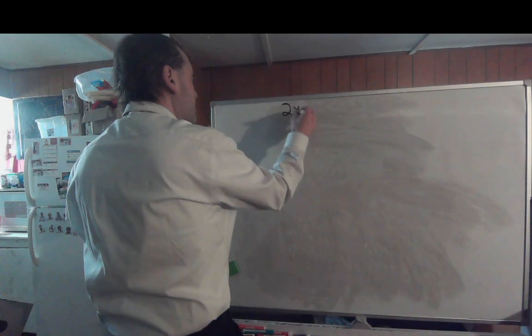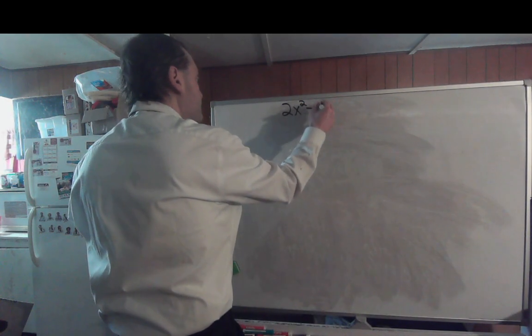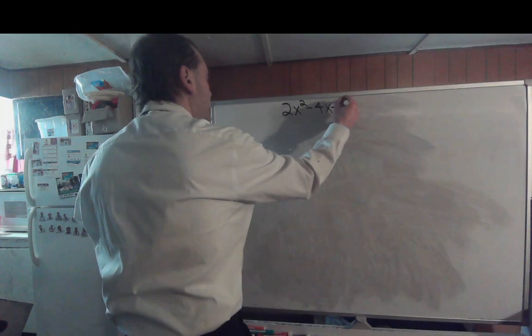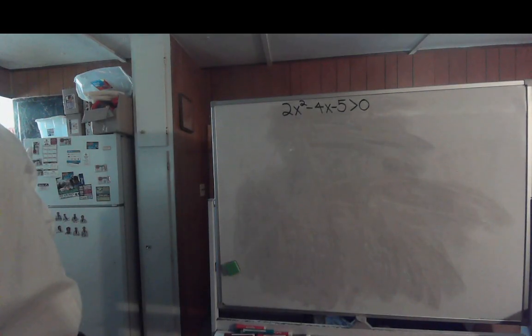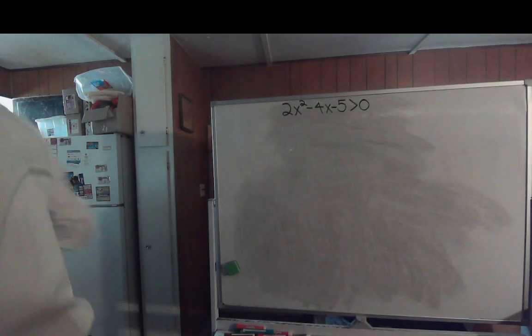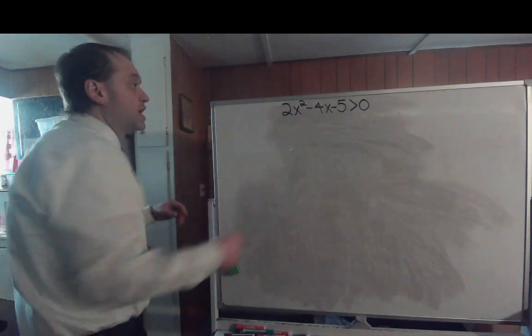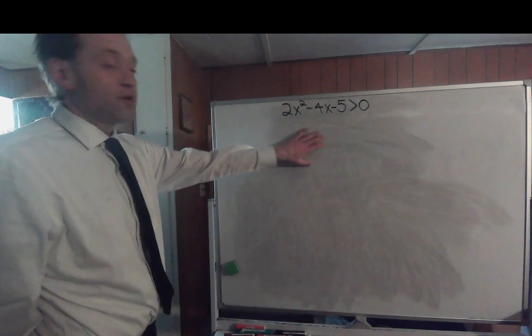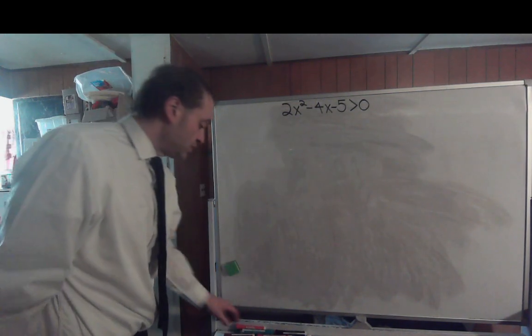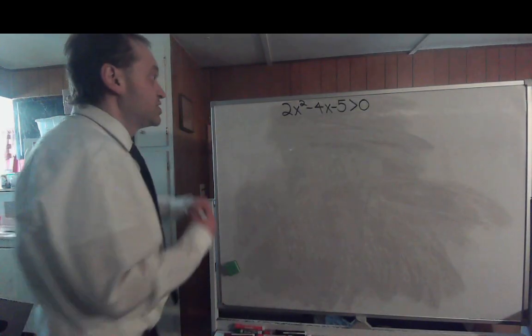2x squared minus 4x minus 5 is greater than 0. So it's just greater than, there's no equal, but still we start out by factoring this.